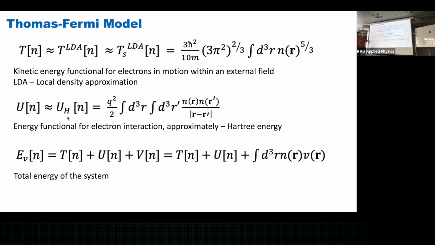And in the total energy, we also include interaction between electrons and the external field of ions. We call it an external field because we don't want to include each ion in the equation. And we have this equation. It's the energy in Thomas-Fermi. And this energy is a functional because it's a function which depends on a function.